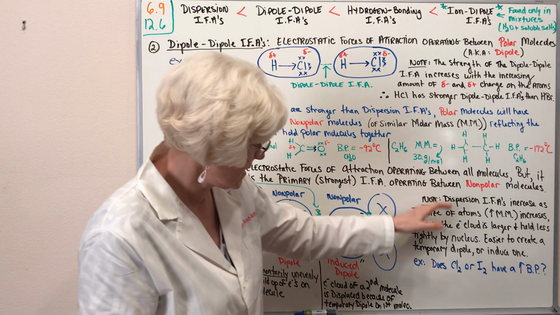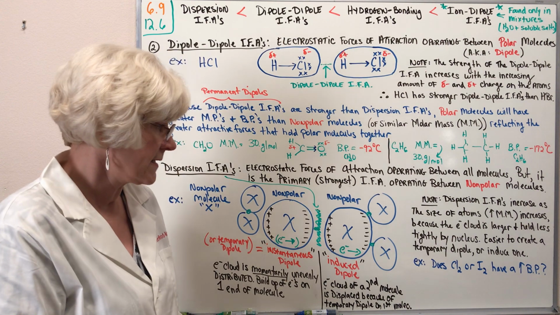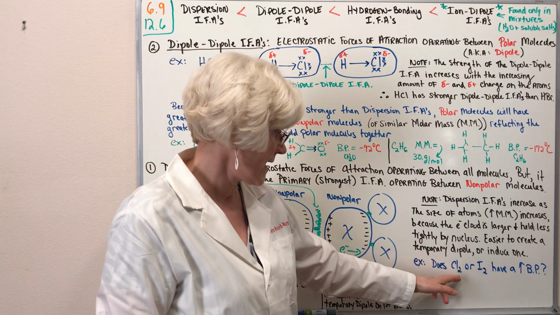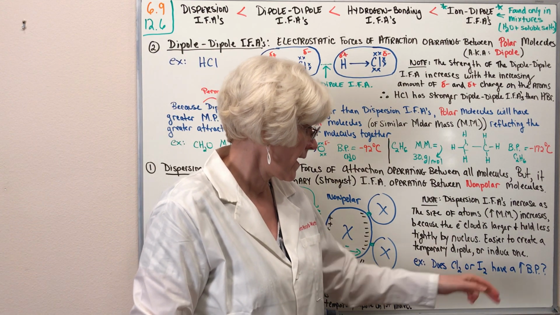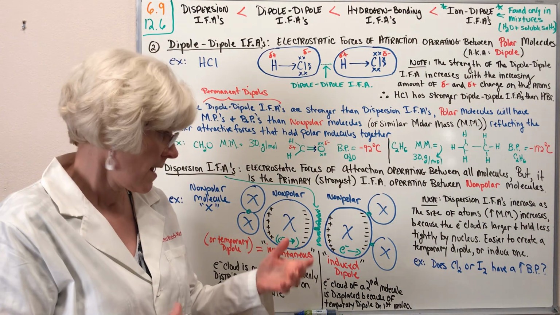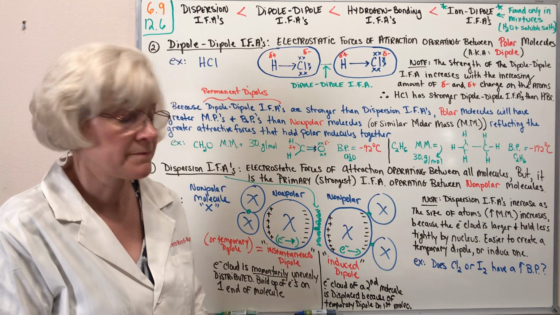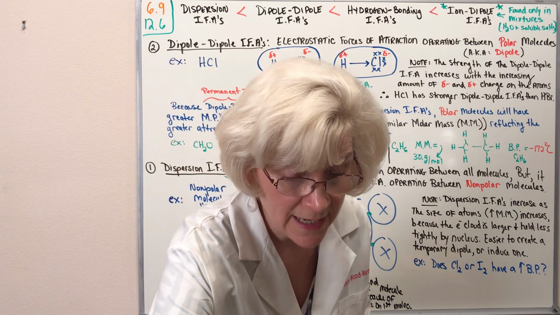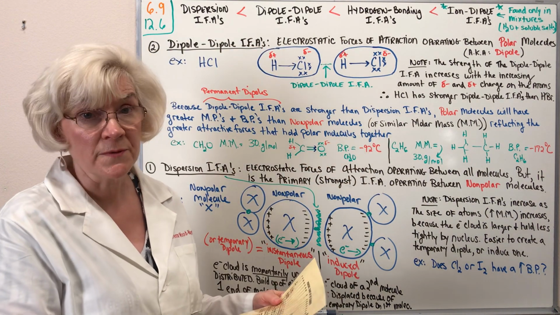So, taking this point and then illustrating it, would we predict that elemental chlorine or elemental iodine would have a higher boiling point? Now we can use the periodic table, right, to help us with this.